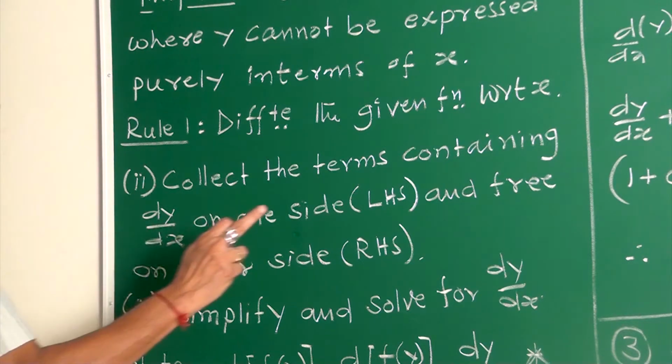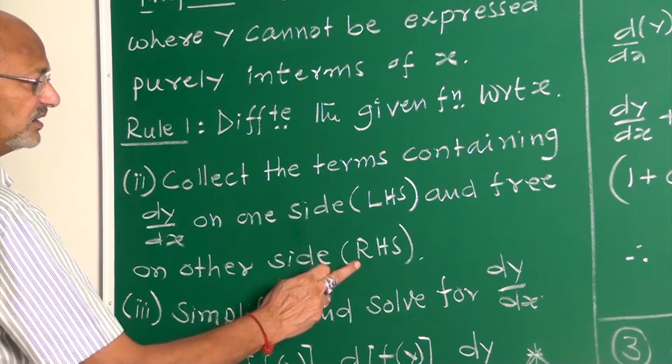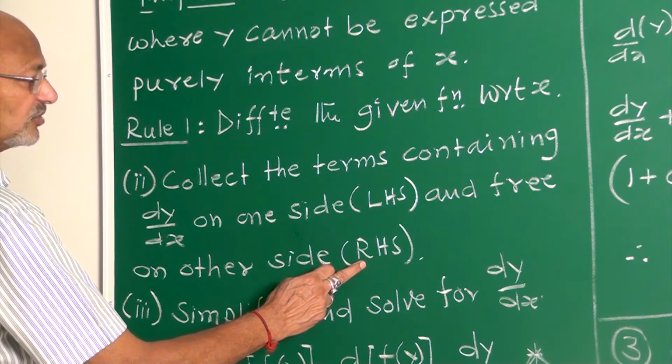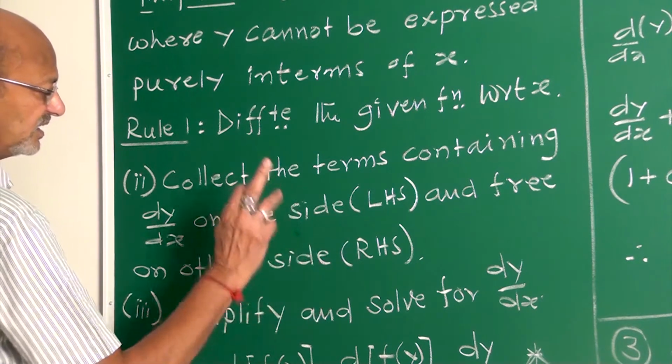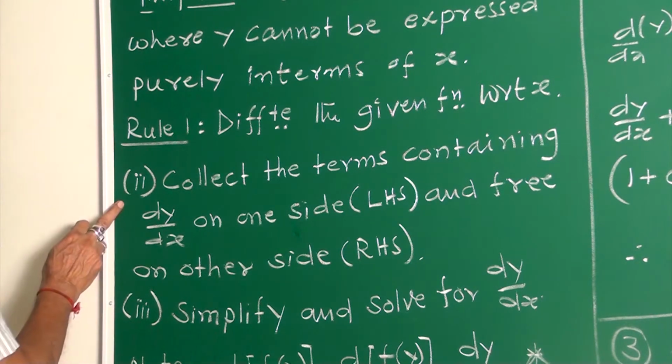Terms containing dy by dx on one side, terms not containing dy by dx on the other side. This is the second rule.